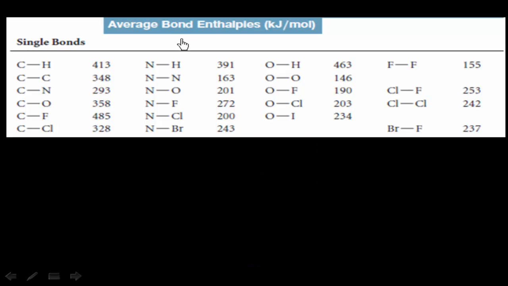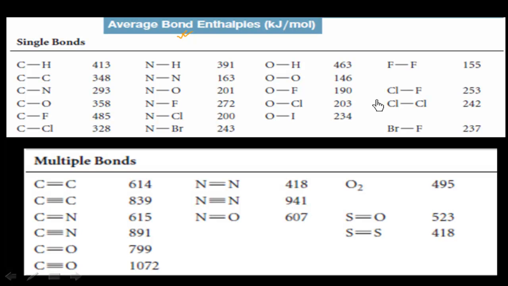Similarly, we can calculate the bond energy of different bonds: C-H bond, C-C bond, C-N bond. These are all single bonds, and these can be calculated from experiment. Similarly, we can calculate bond energy for single, double and triple bonds. So this is single bonds and this one is double and triple bonds.